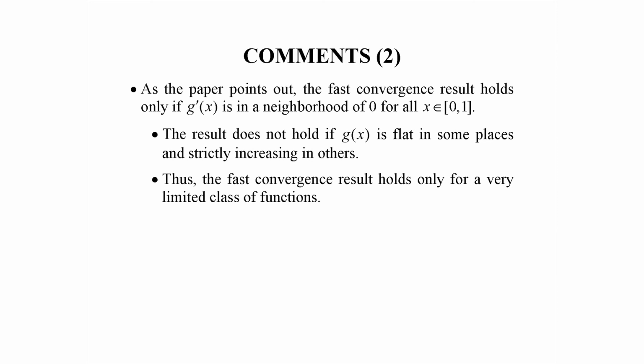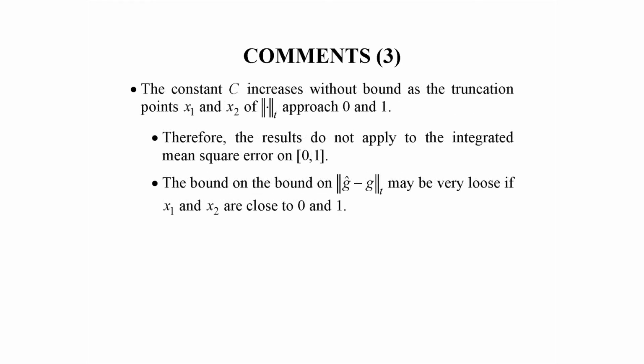So the fast convergence rate really applies only to a very restricted class of functions, namely those within a shrinking neighborhood of being flat. Secondly, the constant in this inequality applies only for the truncated norm.